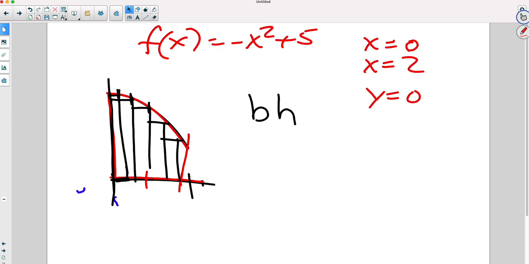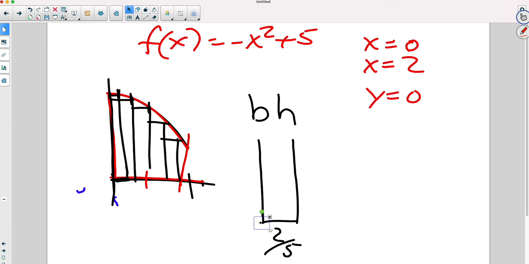So each width of these boxes is going to be 2/5. Does that make sense? Breaking up 2 5 times. And I'll give you a formula on how to find that as we get to later problems. It doesn't really talk about that here.